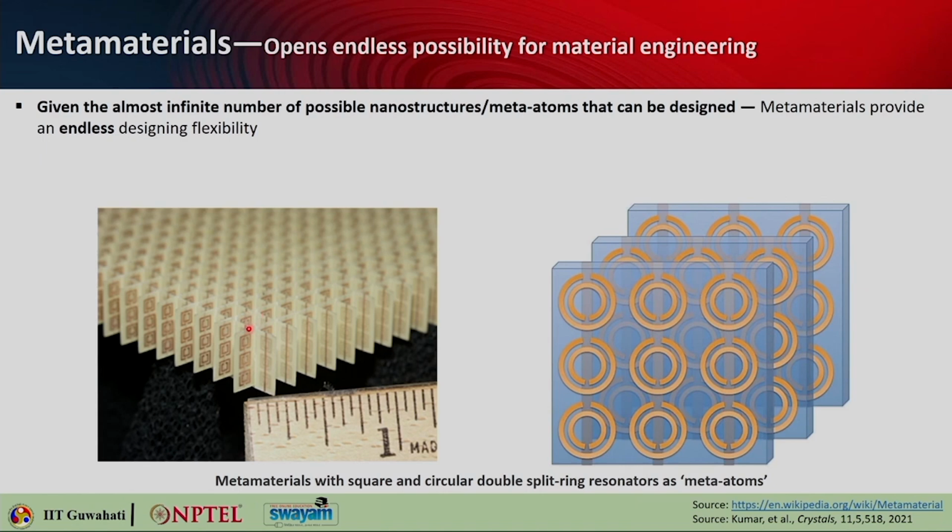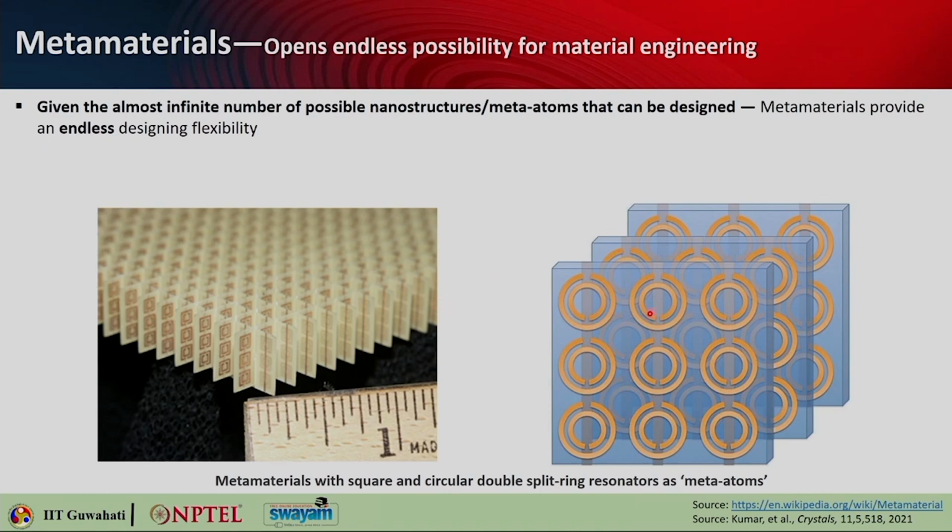So here are some examples of metamaterials. This one uses a square shape double split ring resonator as its meta atom, which is periodically repeated, and this one uses a circular shape double split ring resonator as its meta atom.